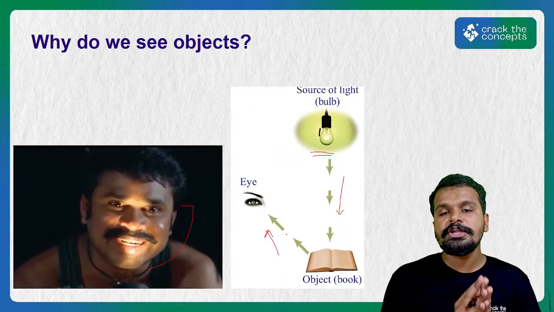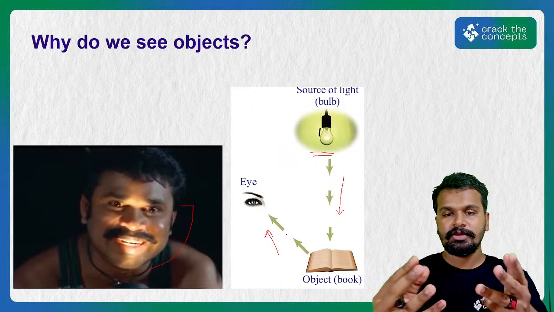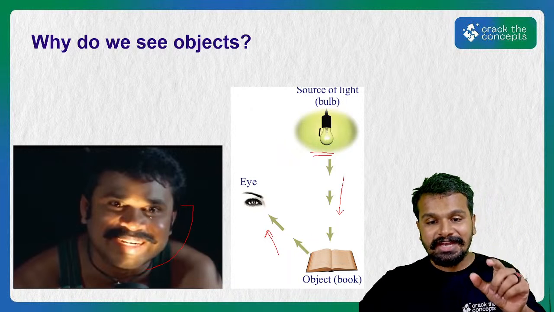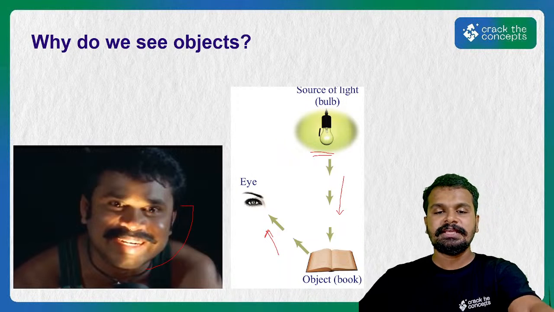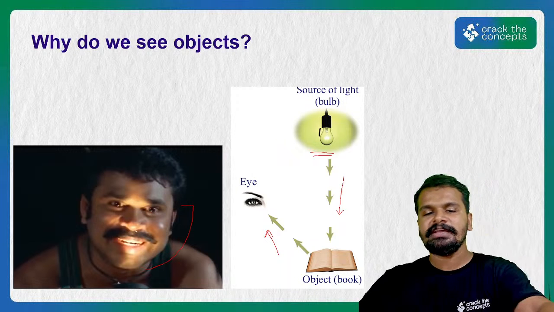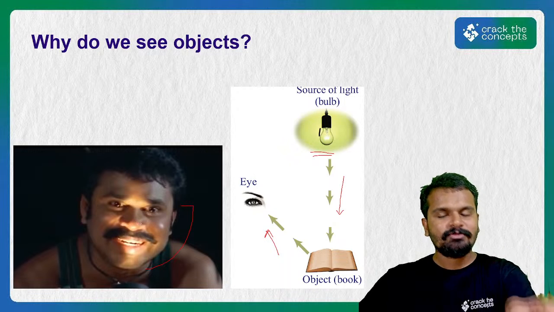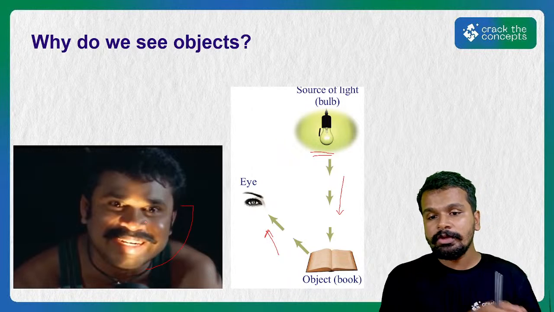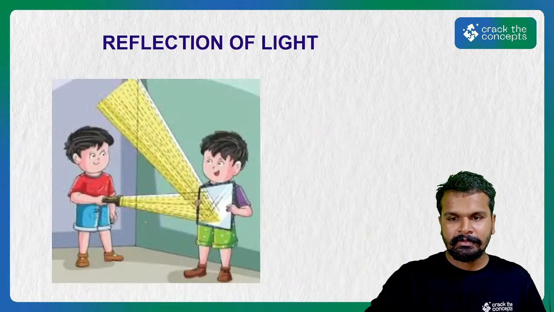At that point, our eyes are able to sense that object. The light should get incident on the object, here on Dilip, and then the light should come to my eyes. At that point, I will be able to see Dilip. It's very simple, right?